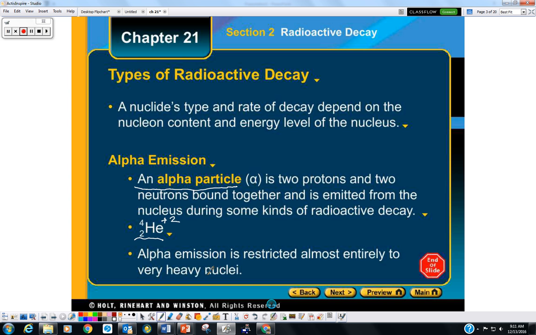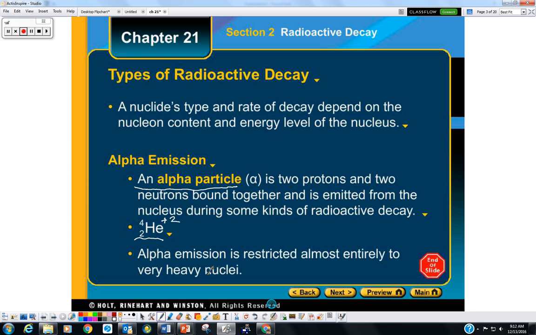And so if you look at uranium, it has 92 protons. It spontaneously decays into thorium, and when it does that, it gives off an alpha particle. So uranium, which is at 92, decays into thorium, which is 90. There's your 2 protons. It's going to go from 238 to like 236.